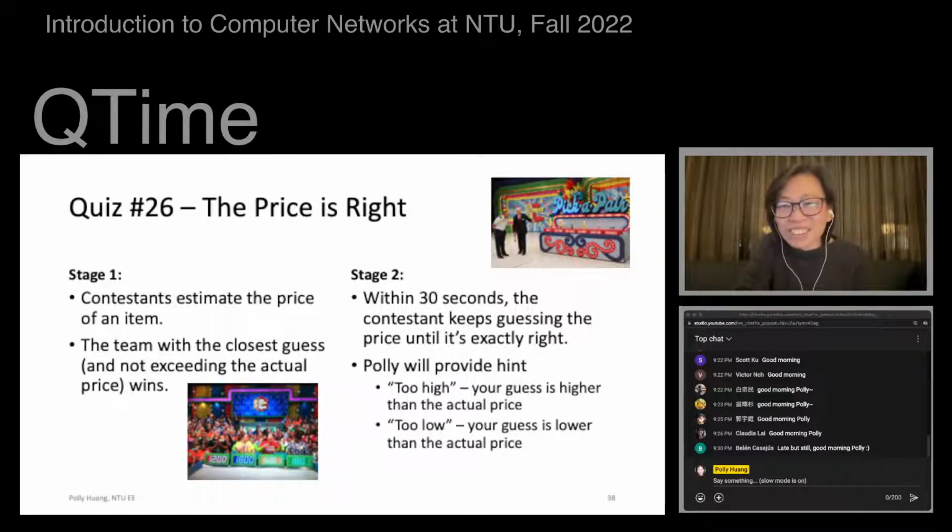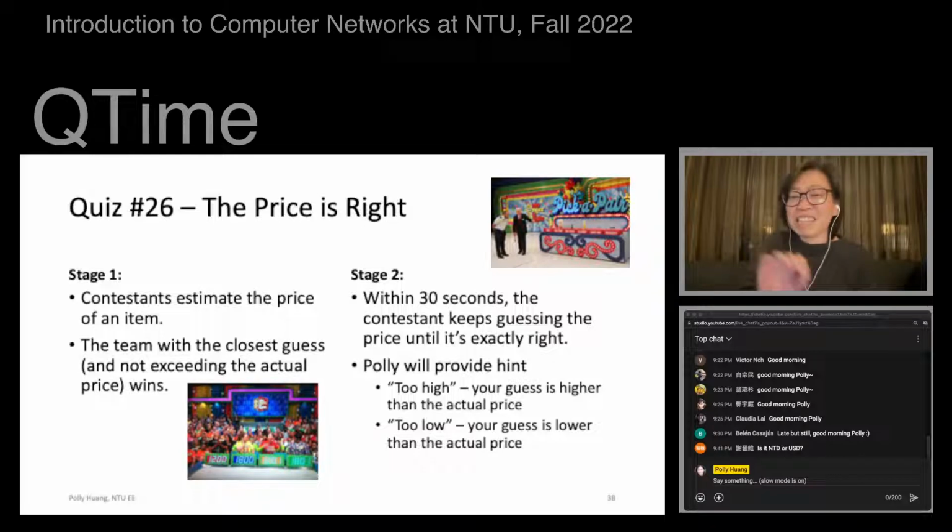The host, which is Polly now, and one of the teams who won stage 1 will continue in stage 2. For stage 2, you'll be working under pressure, so you need to be on Google Meet because you only have 30 seconds, and you and Polly will be talking to each other directly.